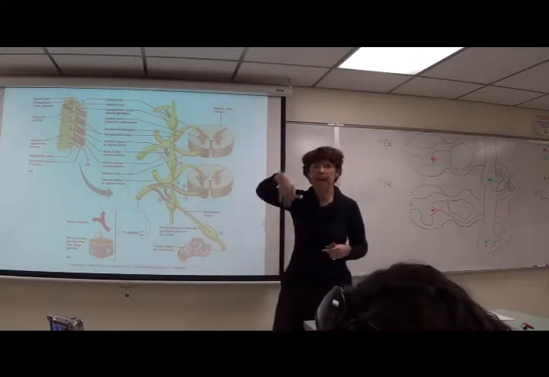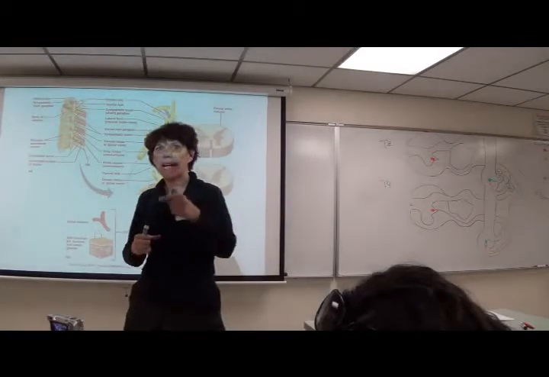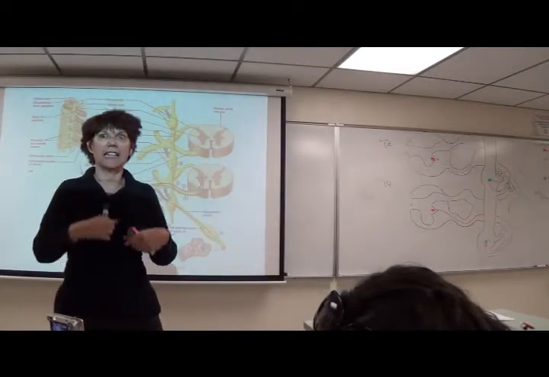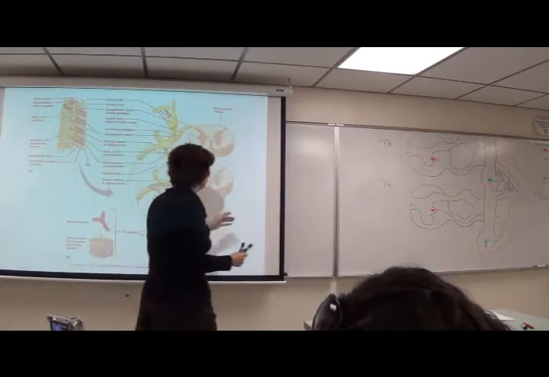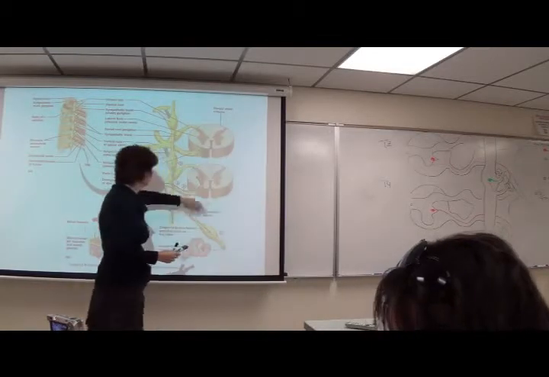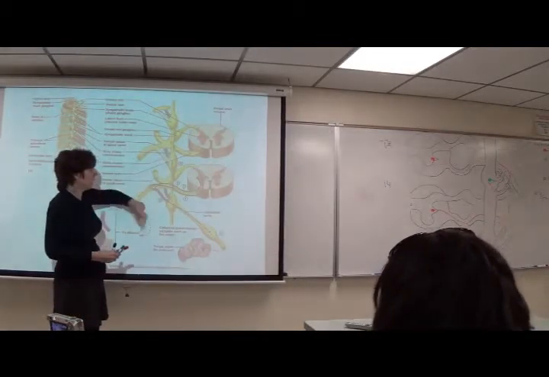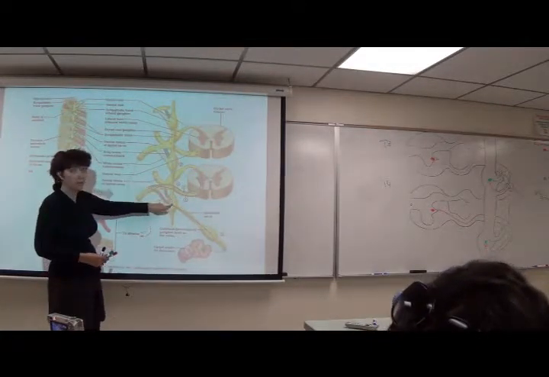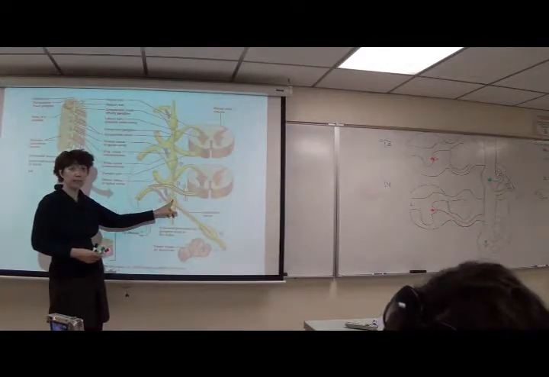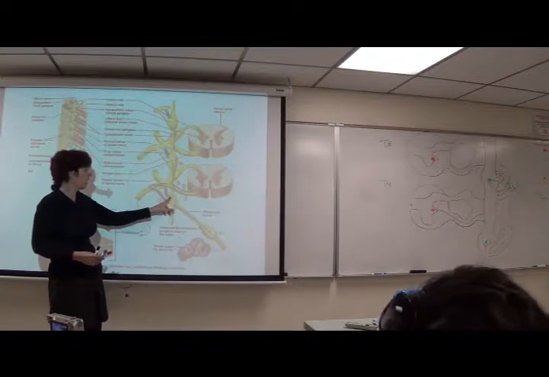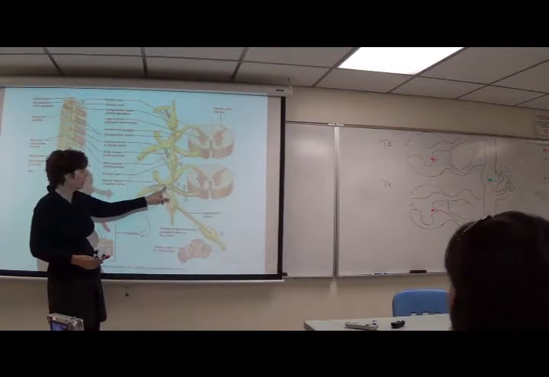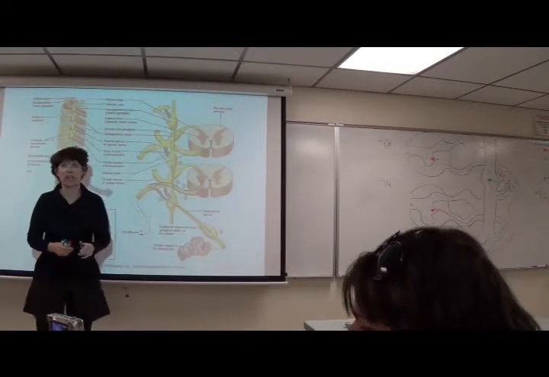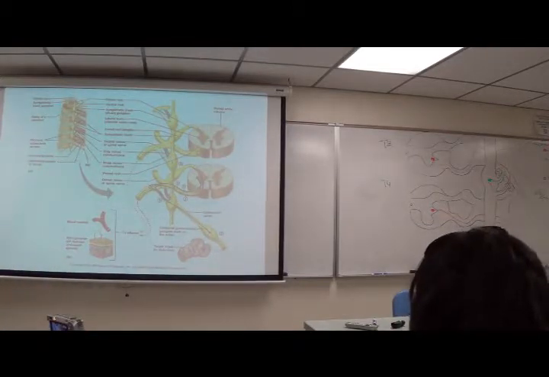So notice it drives past the exit to get into the entrance. So if we look at this one here, notice this one's colored white. So it goes past the gray one, comes in the white one, synapses with the postganglionic neuron, and then the postganglionic neuron forms the gray ramus communicantes because it is unmyelinated.